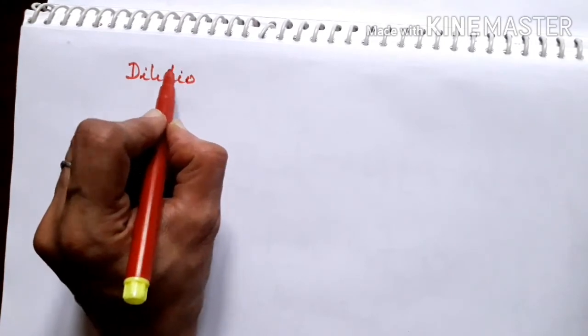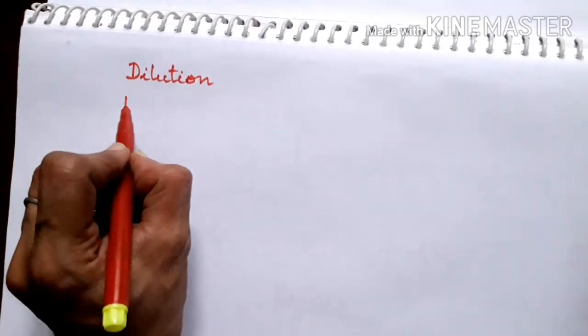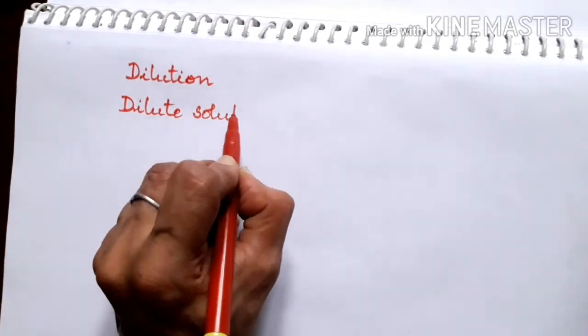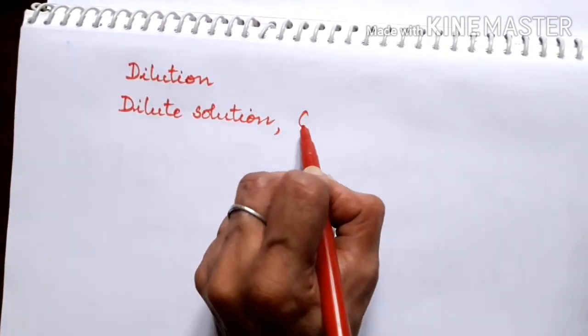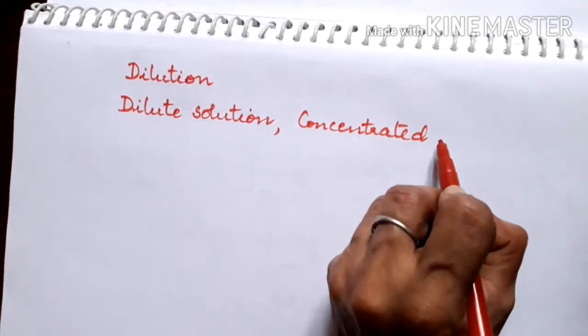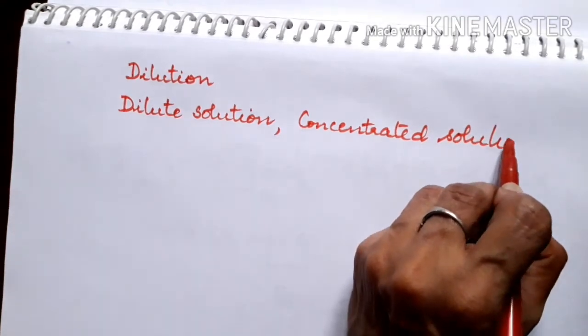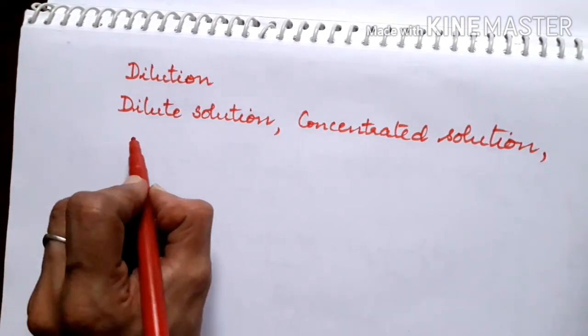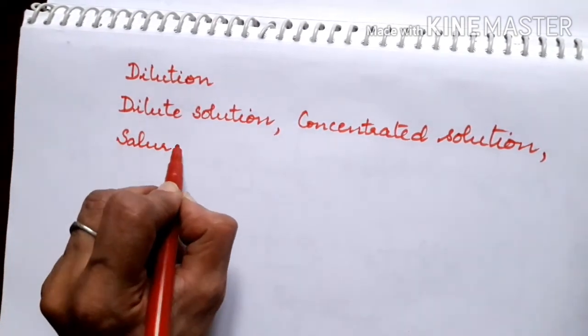We have different types of solutions based on the concentration. A dilute solution is the one in which the concentration is very little. Dilute solution is first formed, followed by concentrated solution, which contains an appreciable amount of the solute dissolved in it, and then comes the saturated solution.